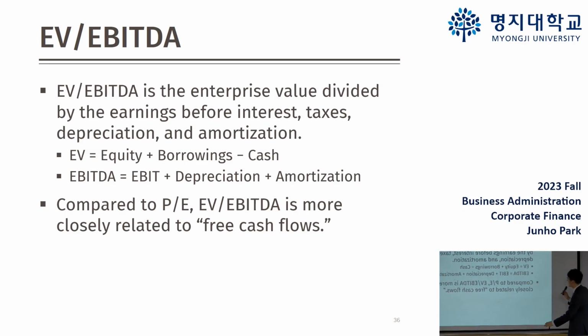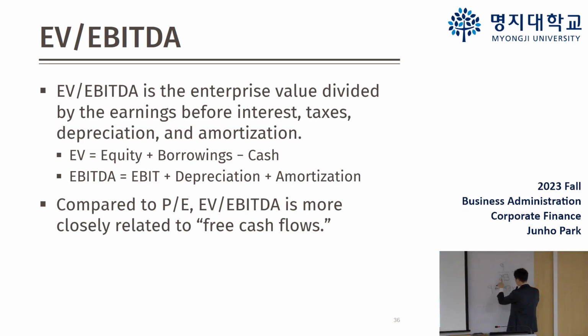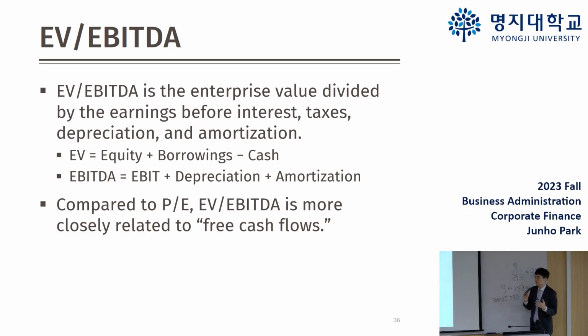On the other hand, in the calculation of the PE ratio, we rely on the EPS, and the EPS is based on the net income, which is just an accounting measure. So net income is far from the true free cash flow. That's why compared to the PE, EV/EBITDA is more accurate from the point of view that we want to find the free cash flows.